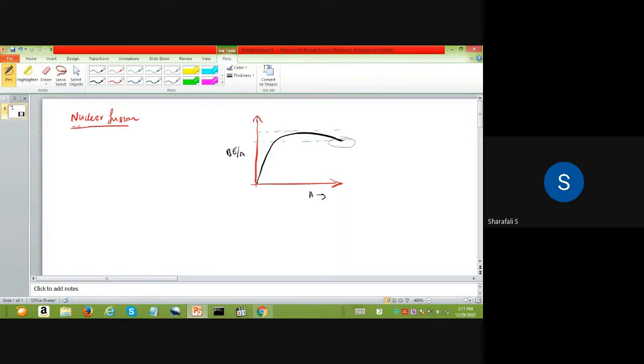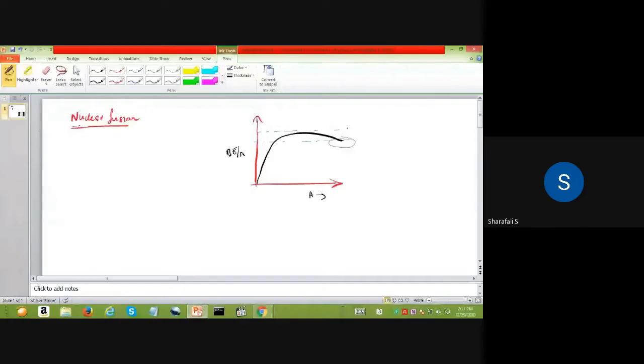It results in two daughter nuclei which may have the same size, but the probability is higher for having different mass numbers. The daughter nuclei will normally be somewhere here, so their binding energy per nucleon is shifted somewhere here, which means the binding energy per nucleon will be increased. So the nucleus will become more stable. So that is the fission process.